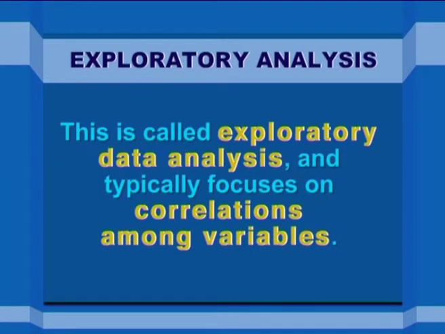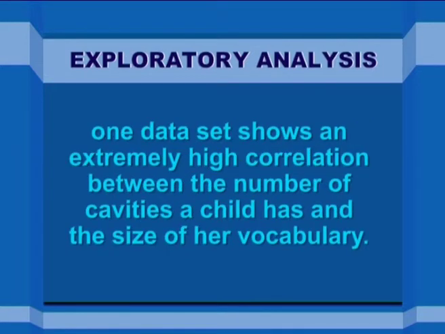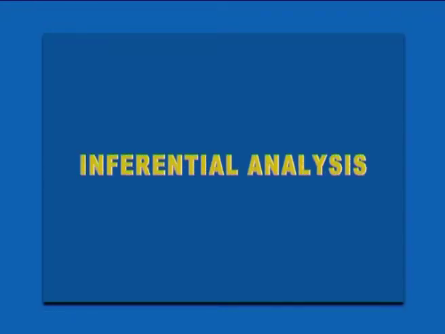This is called exploratory data analysis and typically focuses on correlations among variables. For example, one data set shows an extremely high correlation between the number of cavities a child has and the size of her vocabulary.